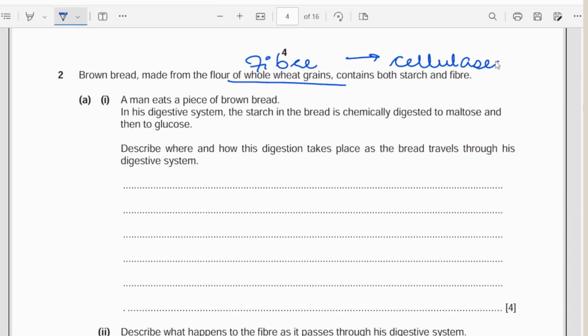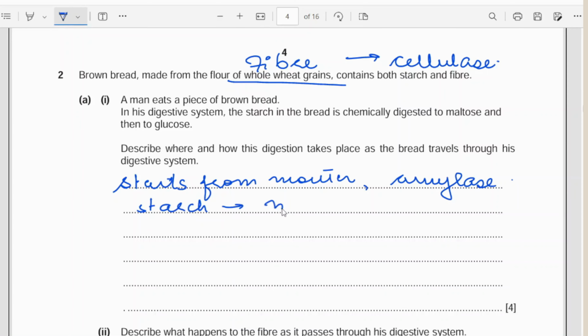Okay, where does the digestion of starch take place? So it's not one part. Yes, it starts from the mouth, where amylase is present, breaking starch into maltose. Okay, they have only asked about where.